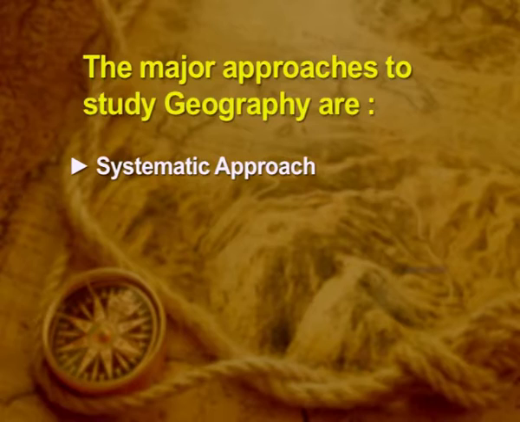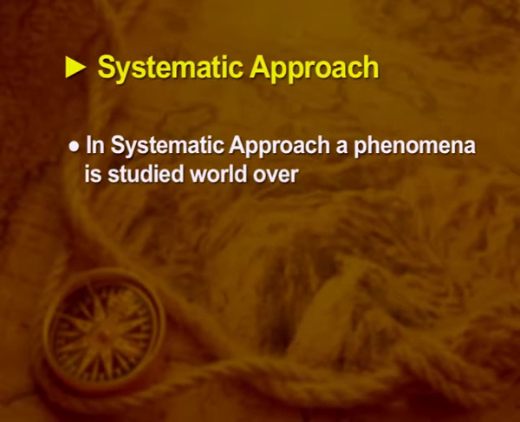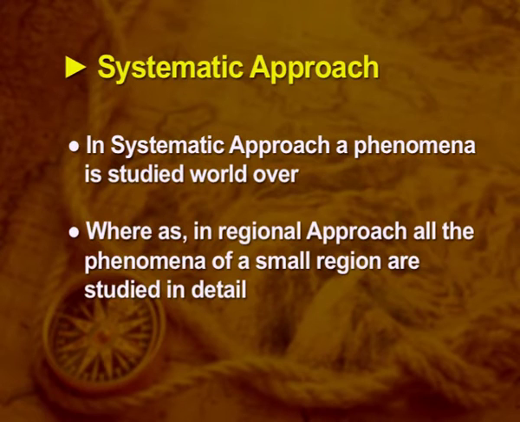Now let us look into the approaches. There are two major approaches to study geography. These are contrasted aspects. Hence, geography got subjected to dualism. The two major approaches are the systematic approach and the regional approach. In the systematic approach, a phenomenon is studied worldwide, whereas in the regional approach, all the phenomena of a small region are studied in detail.